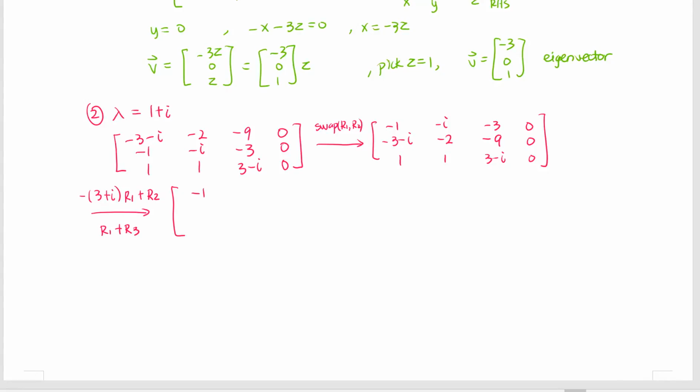Okay, so negative 1, negative i, negative 3, 0. Okay, so the first entry, negative 1 times that, becomes 3 plus i, minus 3 minus i. This is 0.